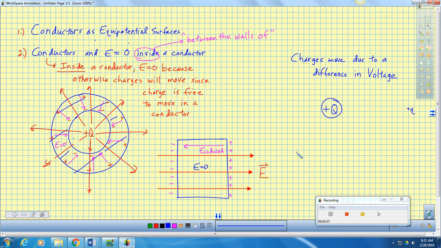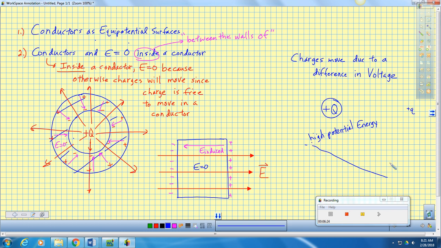Why does water not move in a lake? Because everything's at the same height, the same potential energy. Nothing flows. Why does water move in a river or a stream? Because it always flows downhill, from higher potential energy. In our case, in this example, we're going to use potential energy and voltage interchangeably.